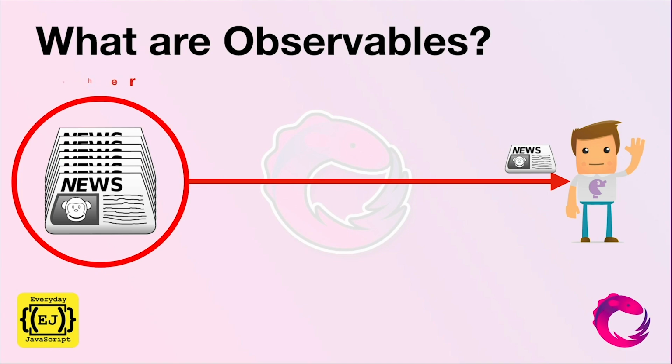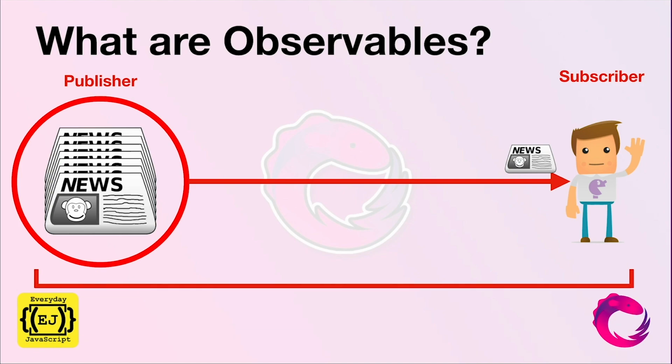So in this case, the newspaper agency has become a publisher and you have become a subscriber. And this whole setup of publisher and subscriber and delivering the newspaper from the newspaper agency to the consumer is known as an observable.